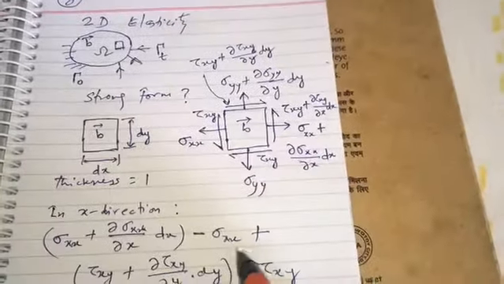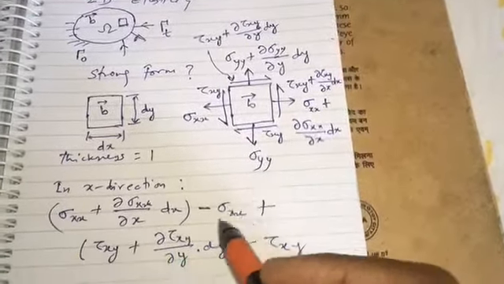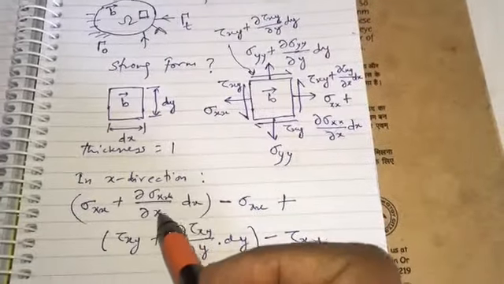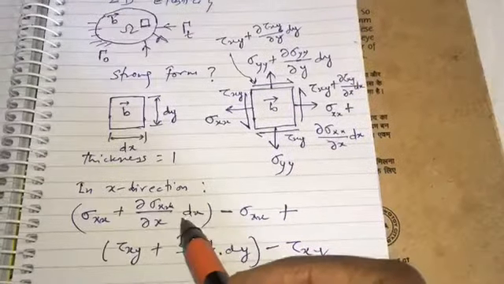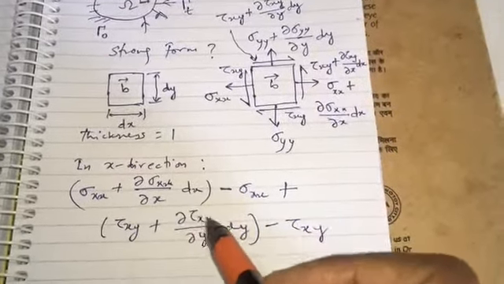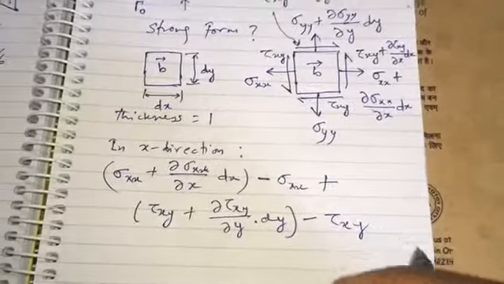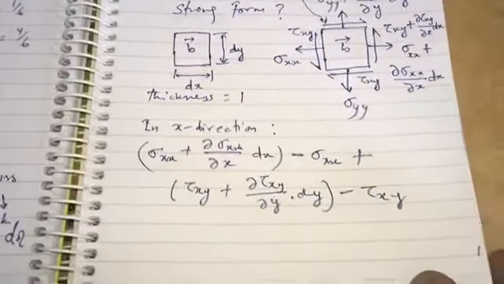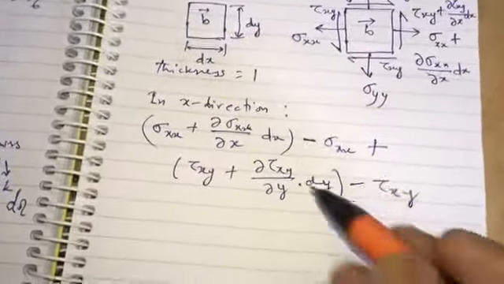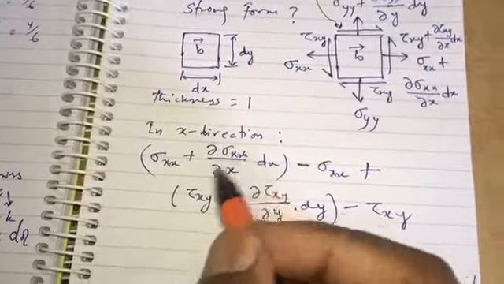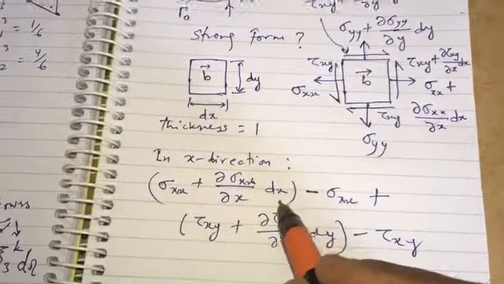Again, one thing we forgot here, so we also have to apply the area in order to find the right forces. Equilibrium is always for the forces, not for the stress. So we have to multiply them by area.